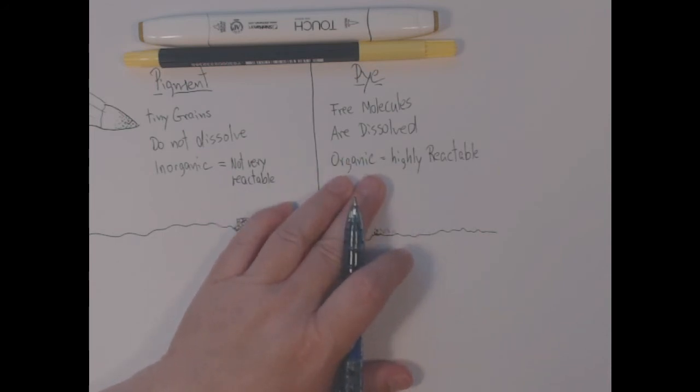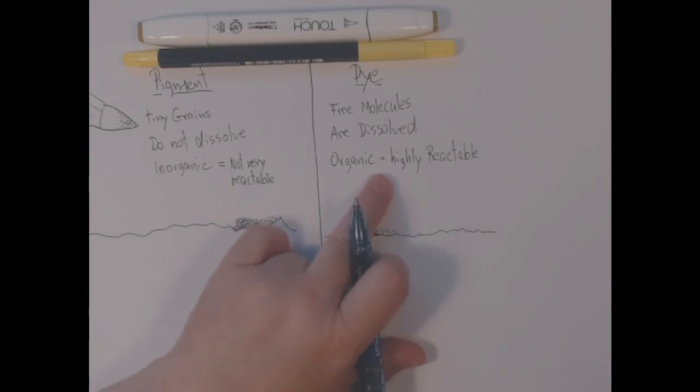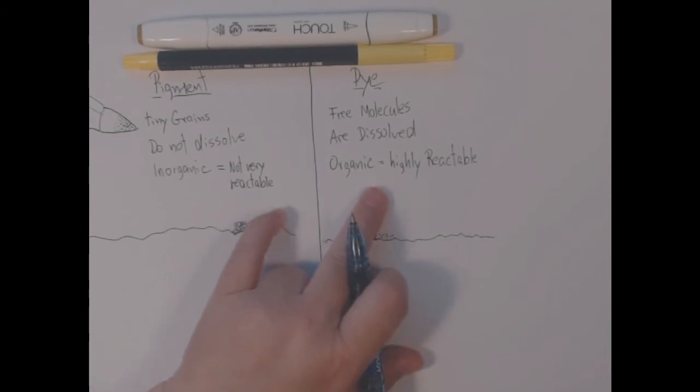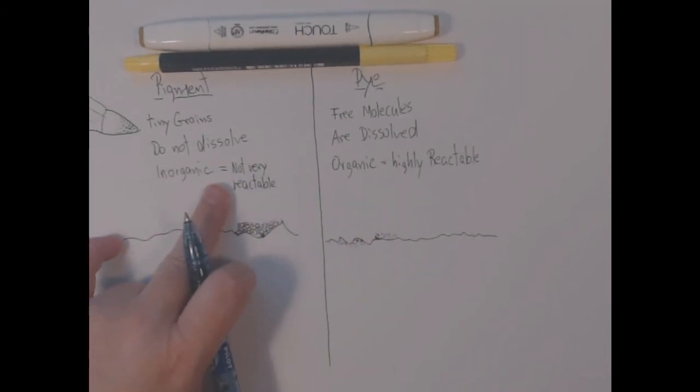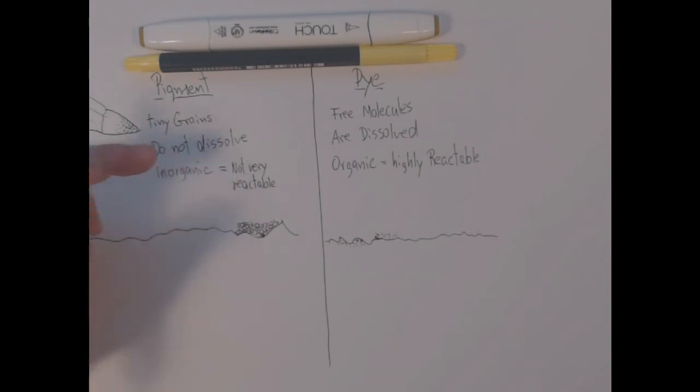organic materials deteriorate fast because they react to things like UV light and oxygen. Inorganic tends to not do it as much, or not as fast. So pigments last longer.